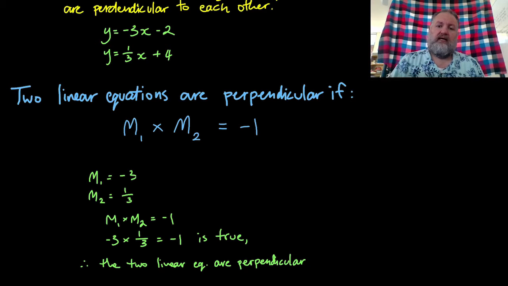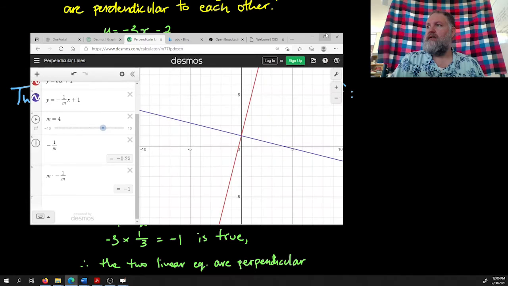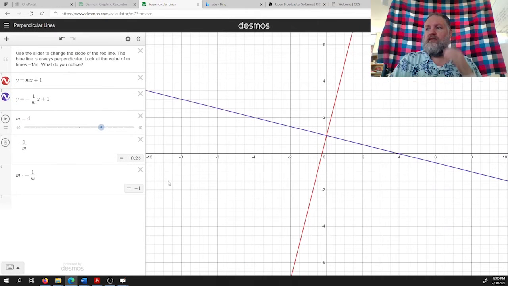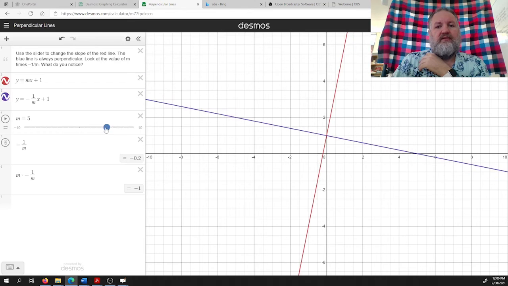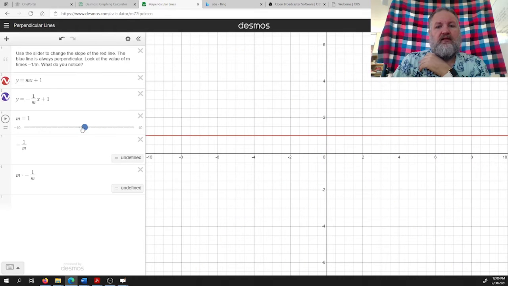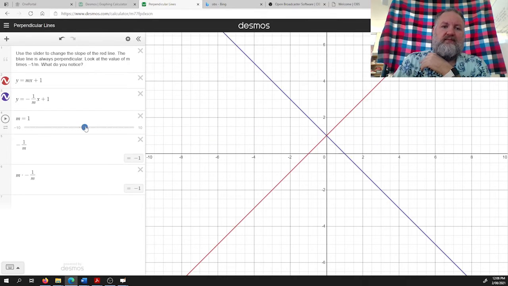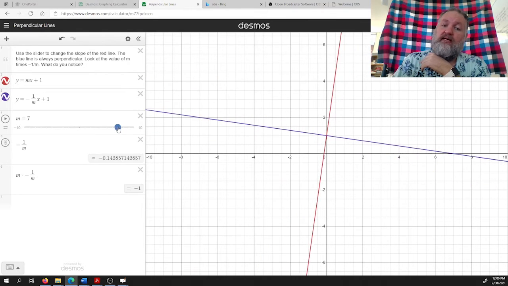I do have a nifty little Desmos graph I can show you here. You can see I've got two lines, a red one and a purple one. It doesn't really matter what I change in terms of the gradient of this line, except for when m is 0, but you don't need to worry about that.